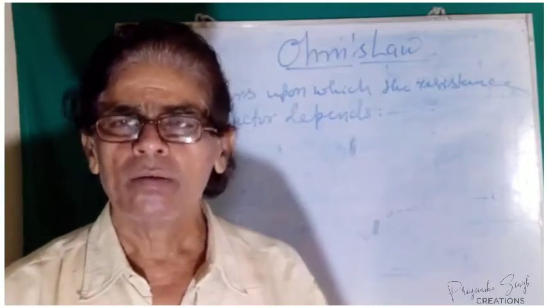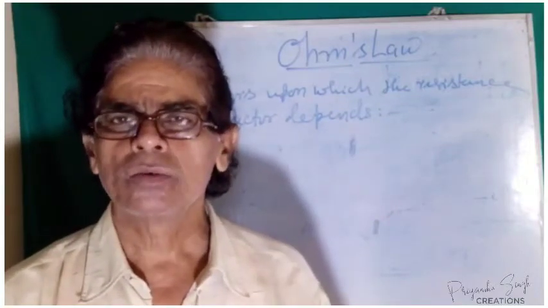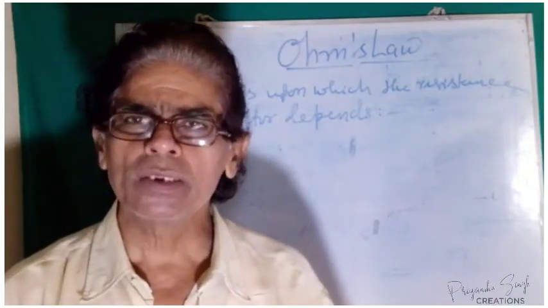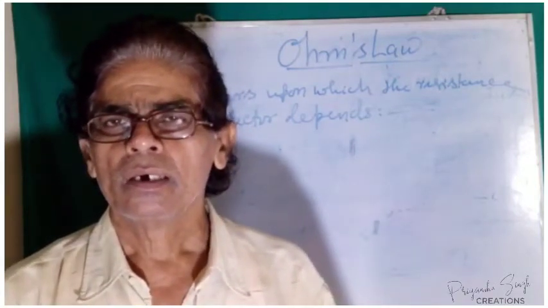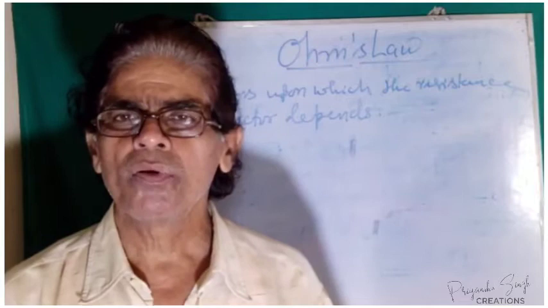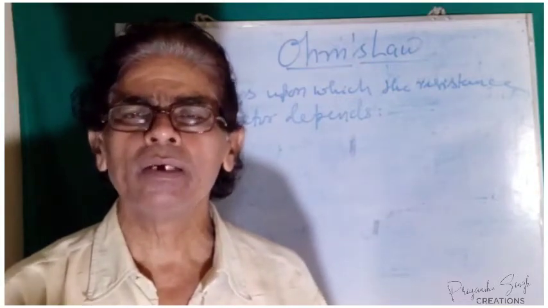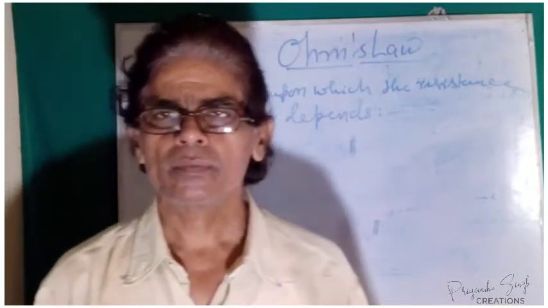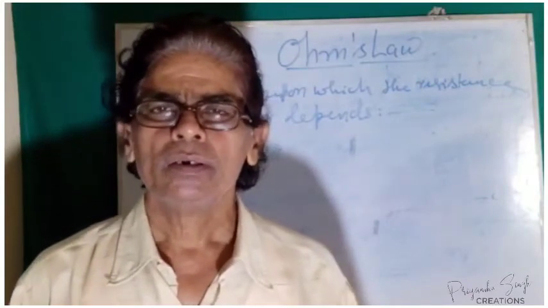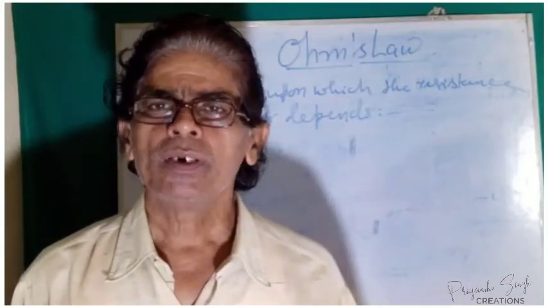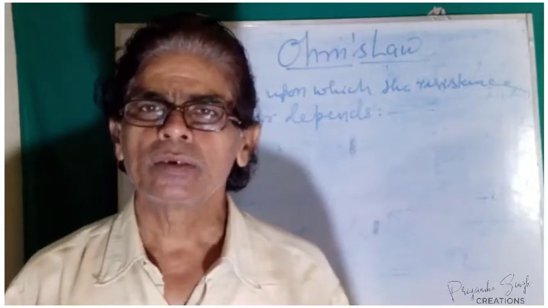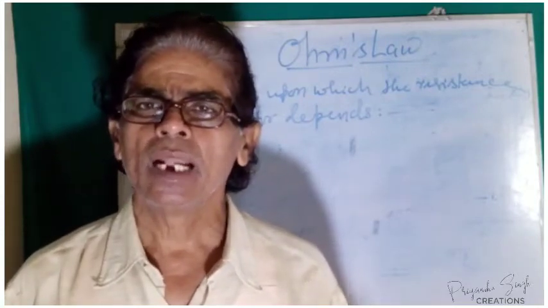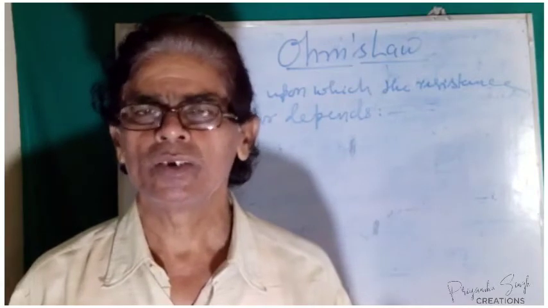So there are 4 factors which influence the amount of resistance of a given conductor. First of all, what is the relation between the resistance and the length of the resistors?